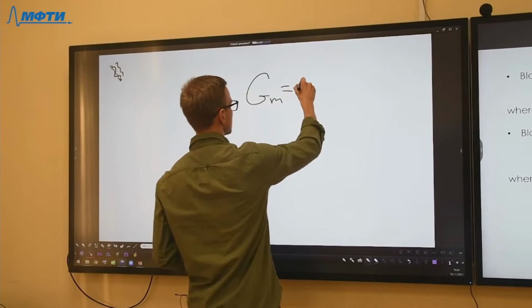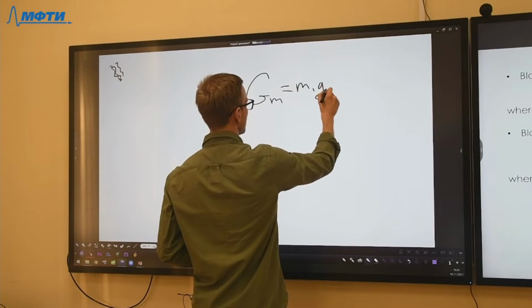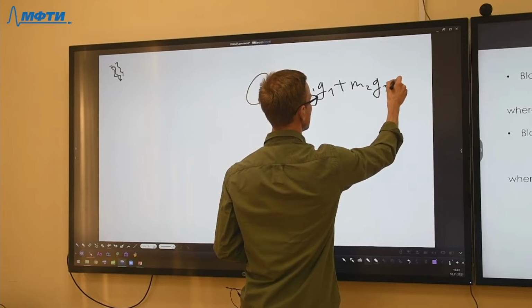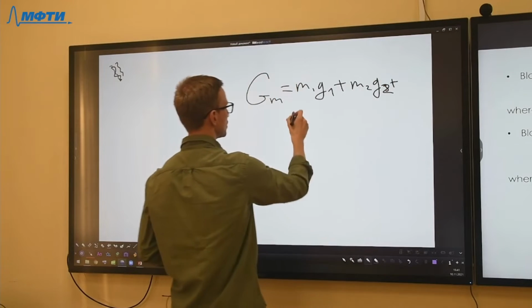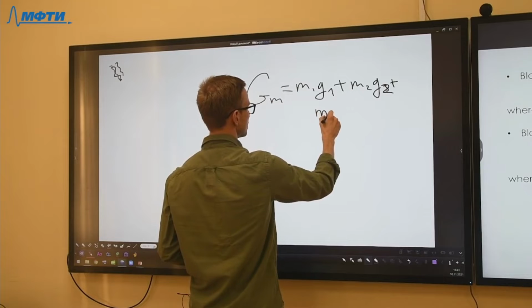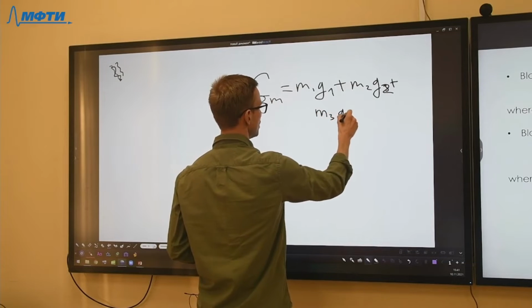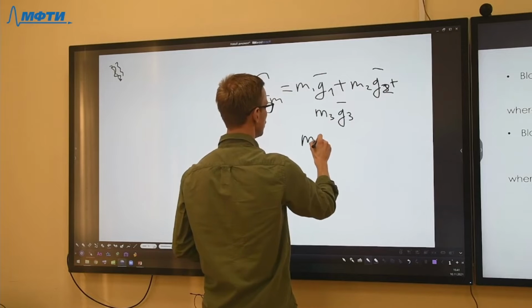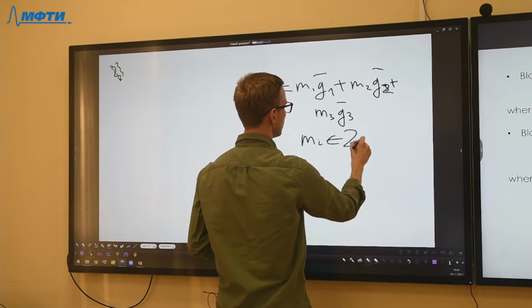So it is m1 G1 plus m2 G2 plus, for a three-dimensional periodic system, m3 G3, where m1, m2, m3 are integers.